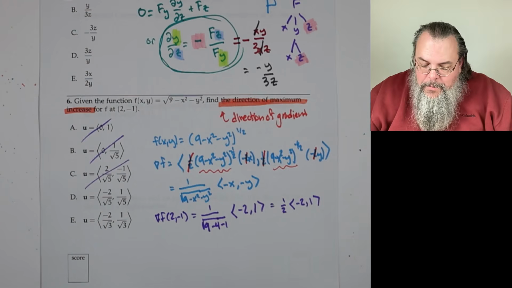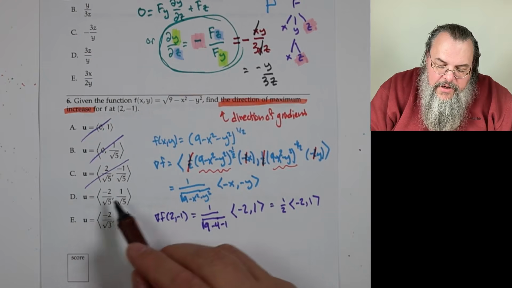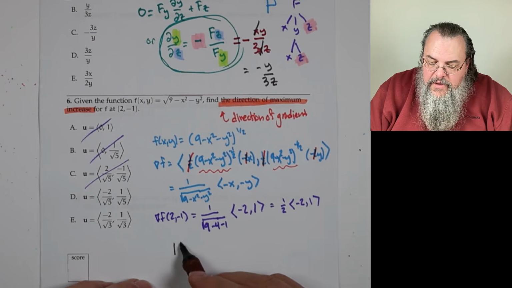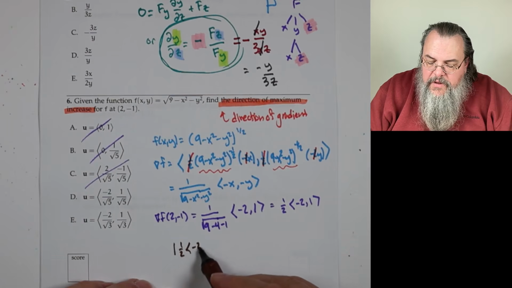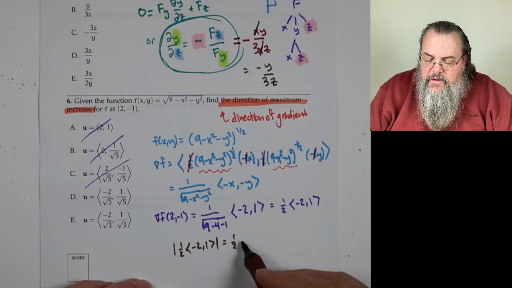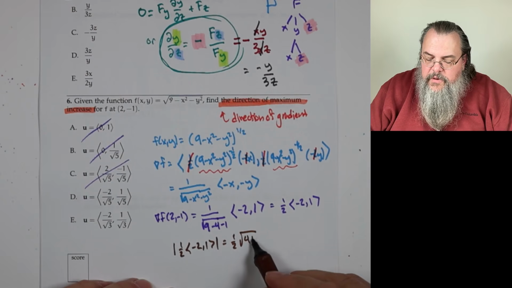So one of these will be a unit vector, and we can just play around and figure out that the answer is D, but we can also practice. Say, well, take the magnitude of 1/2 times (-2, 1), and the 1/2 comes out. We have negative 2 squared is 4, 1 squared is 1.